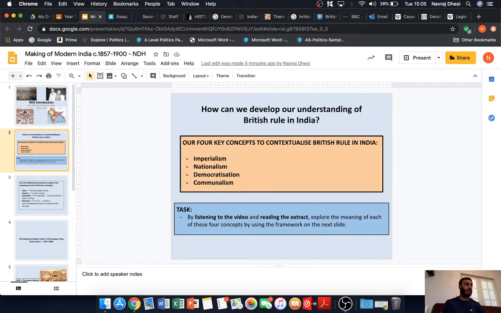Authors like John Wilson, who wrote the book India Conquered, and Shashi Tharoor, who wrote Inglorious Empire, argued that the industrialization of Britain throughout the 19th century was based on the deindustrialization of India. So in other words, Britain economically exploited India for their own benefit, okay?